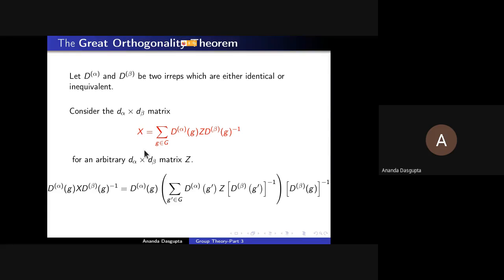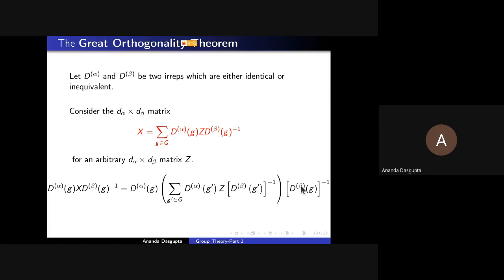As in all cases, when you have a conflict between an index of summation and a specific index, you have to change the index of summation to something else. That is why this X has been written as a sum over g prime. Clear to everybody? This is nothing but the same thing with g prime used instead of g, and I've hit it with D alpha of g on the left and D beta of g inverse on the right.